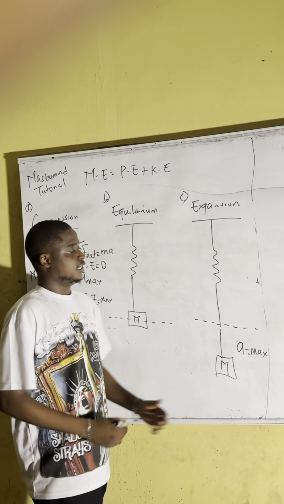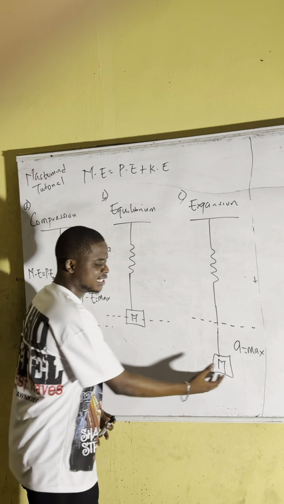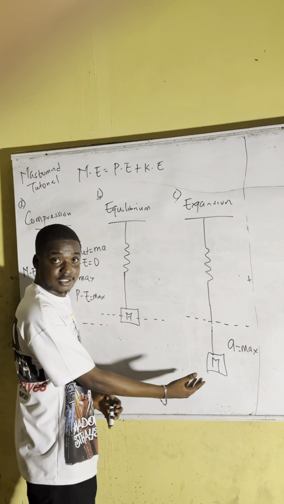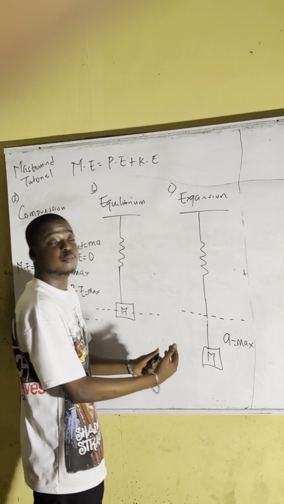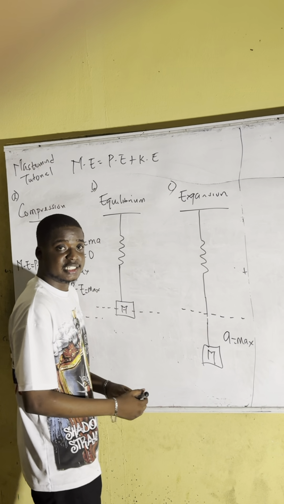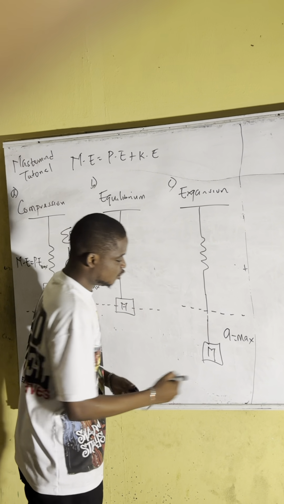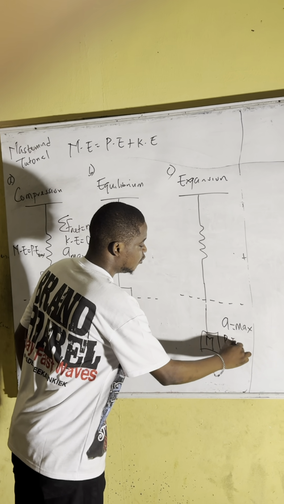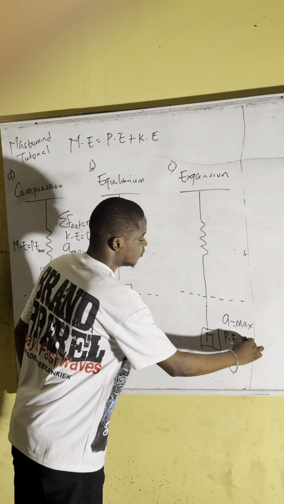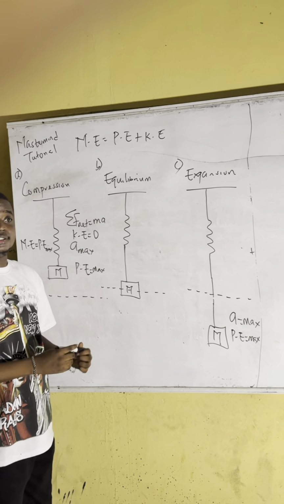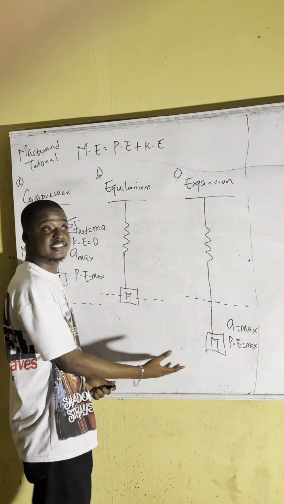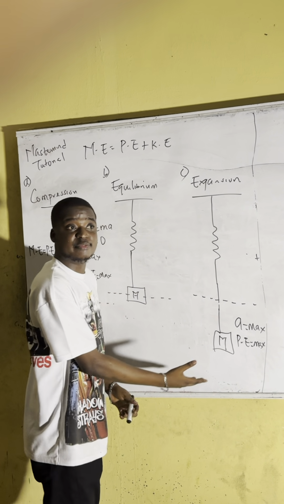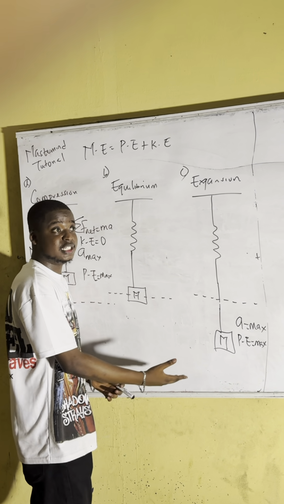With the force. And now since the mass is still at rest in your hand, it's not moving, and the energy value of an object at a position at rest is called potential energy, that energy will be maximum because it's not moving. So the potential energy will also be maximum. And since the mass is not moving in your hand, the kinetic energy is zero, because the energy value of an object in motion is kinetic energy.